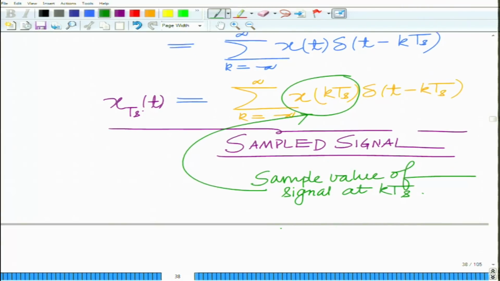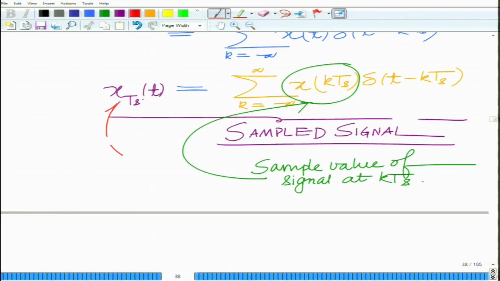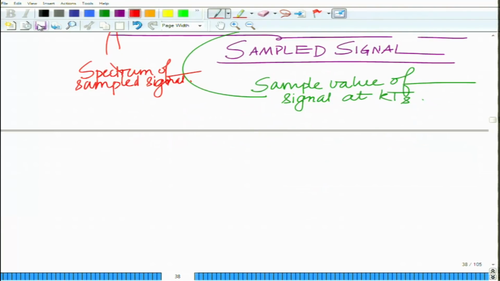Now, what we want to do is study this sampling process in detail, and a lot of insights about the sampling process can be gained by looking at the Fourier transform, that is, what happens to the spectrum of the signal that is sampled. So, to understand this process better, we want to look at the spectrum of the sampled signal.